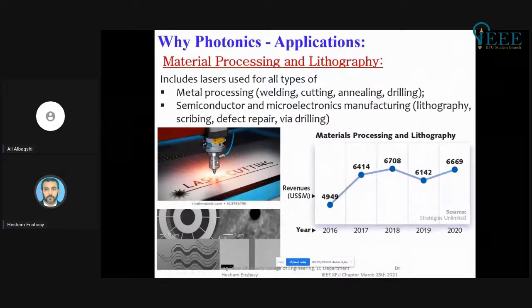So you can cut, you can drill, you can shape different types of material using this technology. This is the market share up to 2020. It's $6 billion in this market share. Also lithography and processing of materials, making things like nanoparticles, nanotechnology, and things like that. It's a big share in this field.